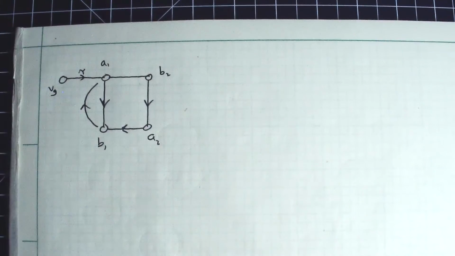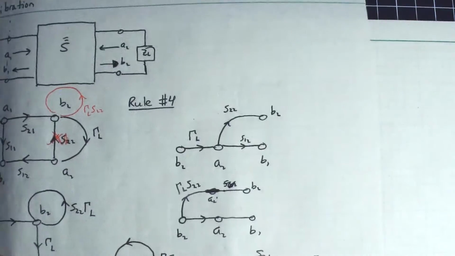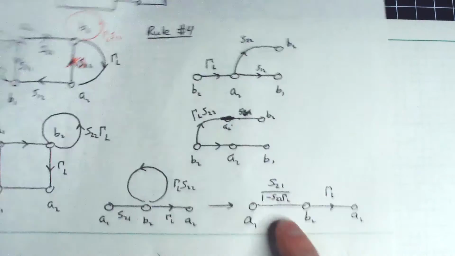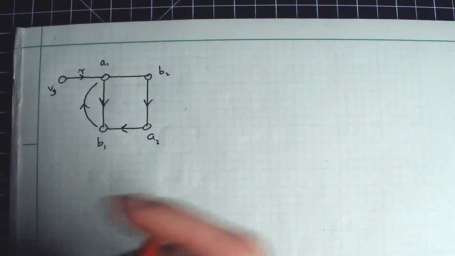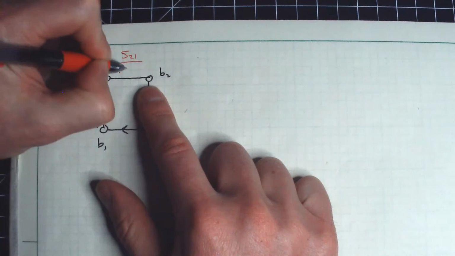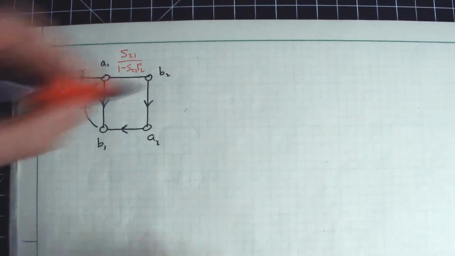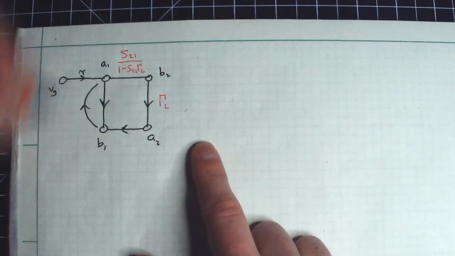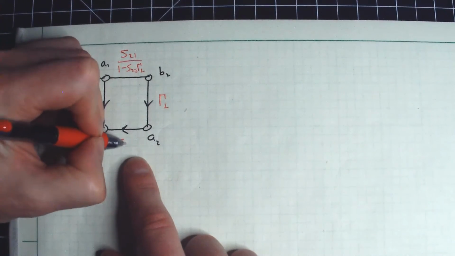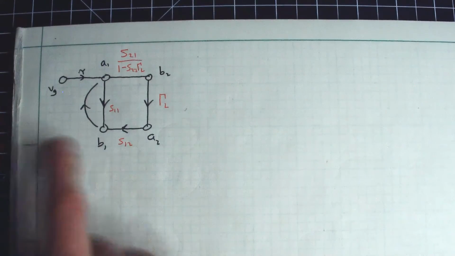So this hasn't really changed. So this branch now is this fraction here. So I'm going to just write this explicitly. I'll have S21 divided by 1 minus S22 gamma sub L. This will then be gamma sub L here and S12. And then this is S11 and so on.